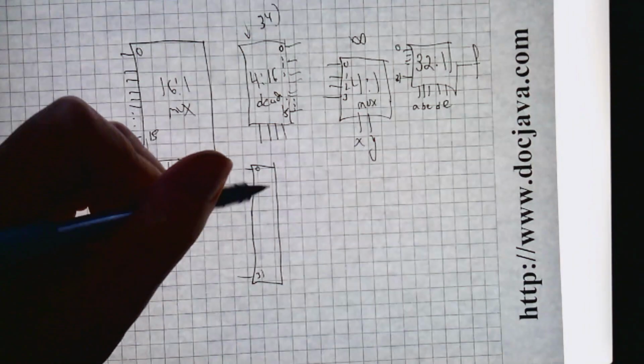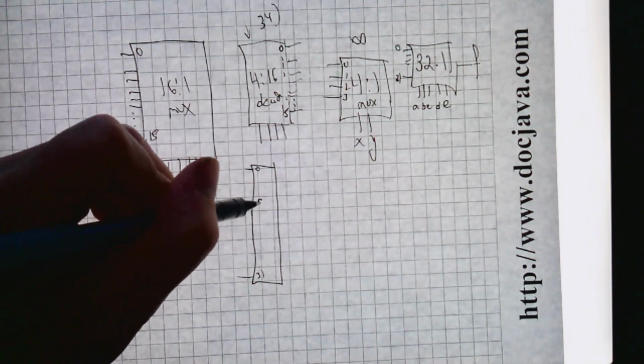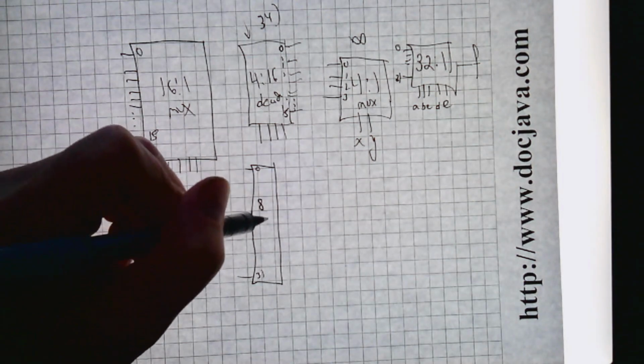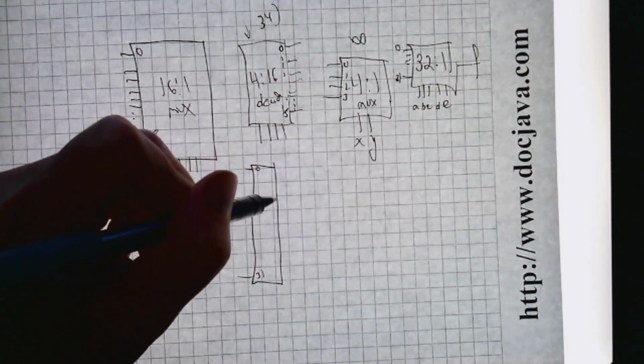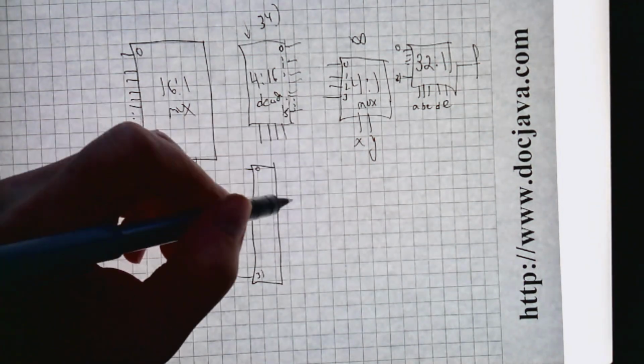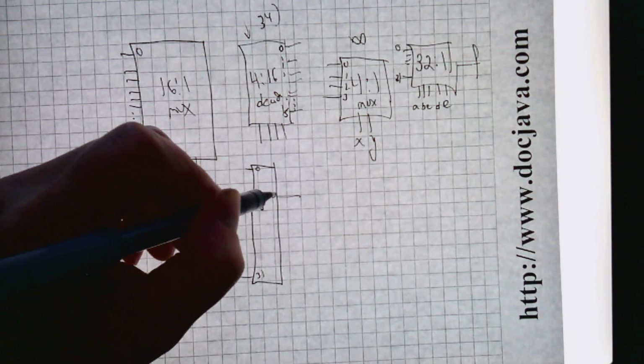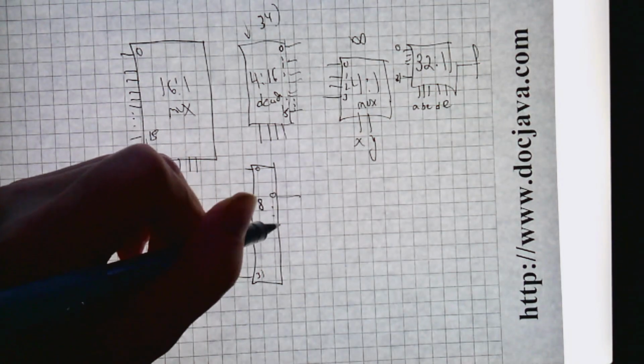So that's going to need maybe 8 4-to-1 multiplexers, because that'll give us 32 inputs. And then the next stage, because this is 8, it's going to have 8 outputs, 0 through 7.